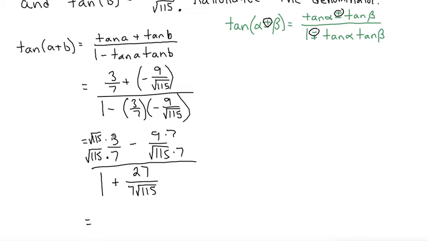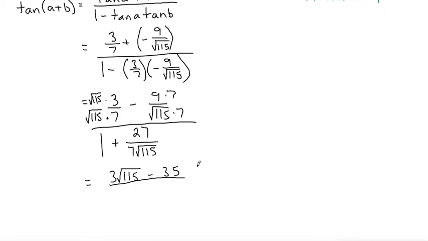Continuing to simplify from here, this numerator makes 3 root 15 minus 9 times 7, which is 63, and then that's all over, because I'm going ahead and subtracting the fractions while I'm at it, the common denominator, 7 root 15.